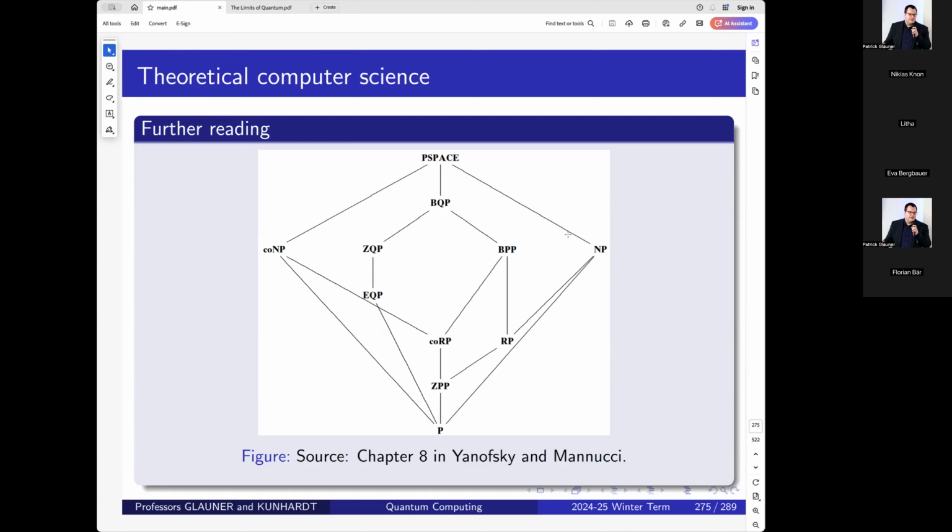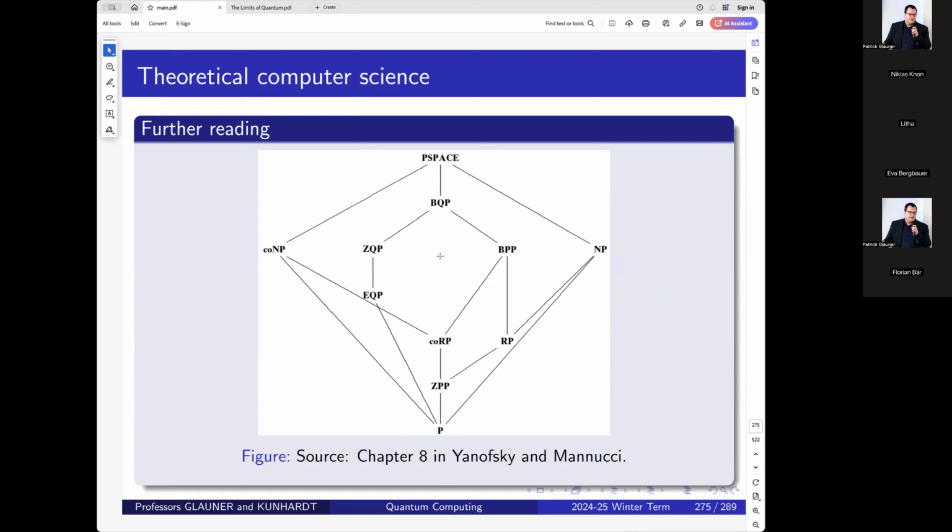And in fact, it covers NP and P, BQP, but some other complexity classes as well. I have read that chapter a few years ago. It's probably quite tough to read unless you have a very good understanding of theoretical computer science.